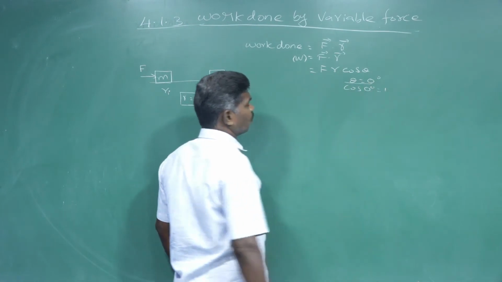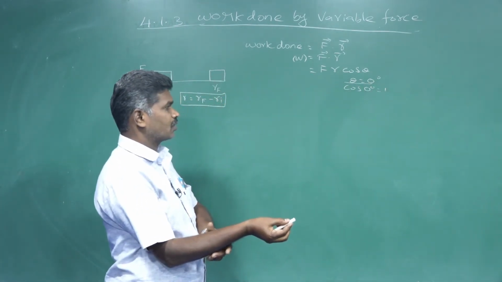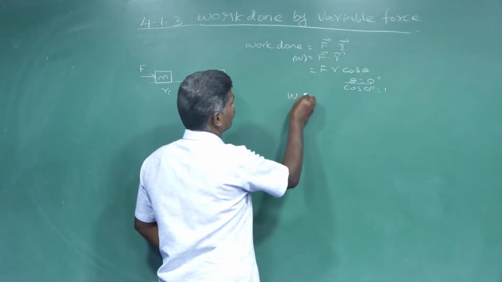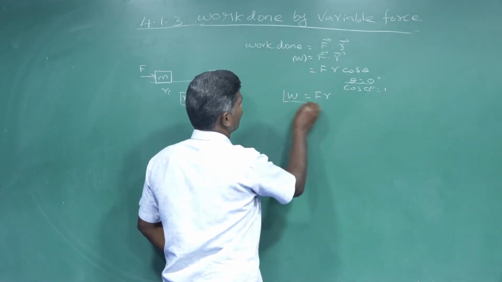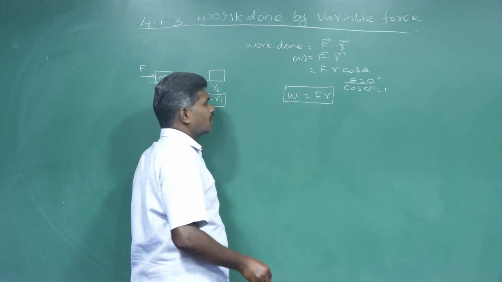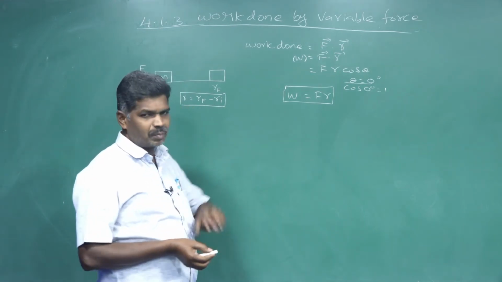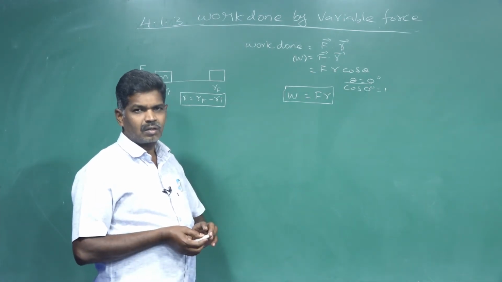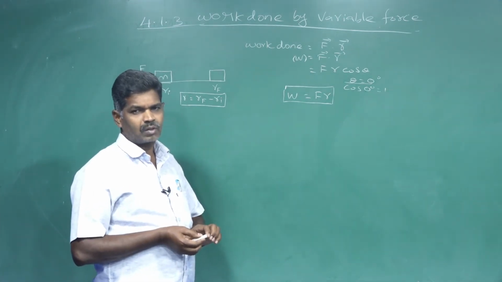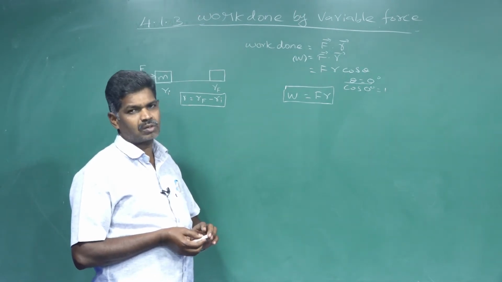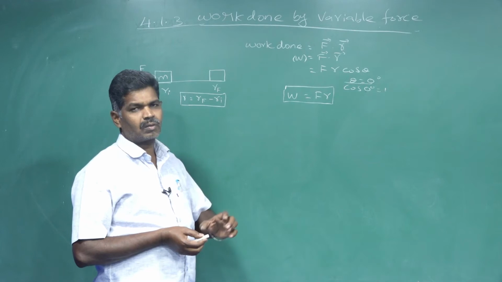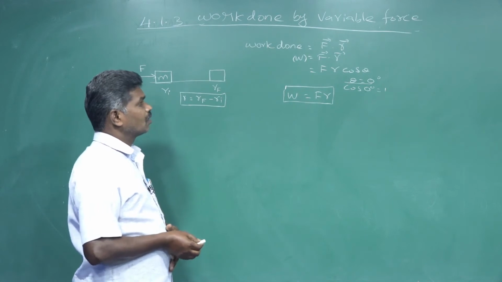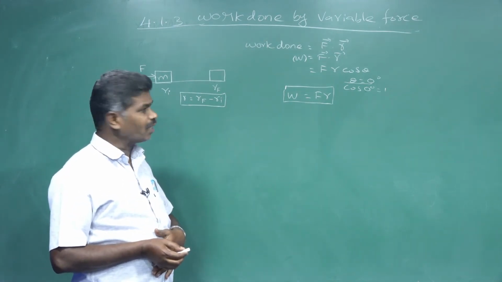If F vector and R vector are in the same direction, angle is 0, cos 0 becomes 1, then W is equal to Fr. Anyhow, this is the general expression for the work done by a force. Work can be done by two kinds of force, either constant force or variable force. Now we are going to see the work done by the variable force.